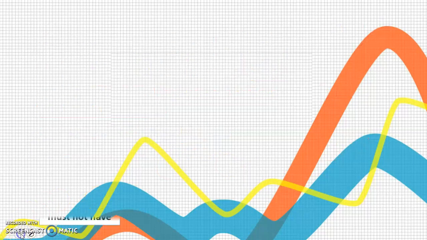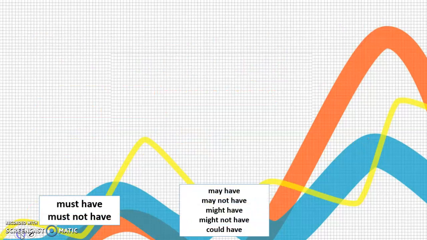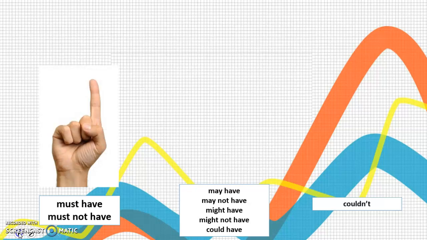Well, for that, we are going to divide the modal verbs into three groups. The first one is with the modal verb must have or must not have. In this group, we express a strong probability.